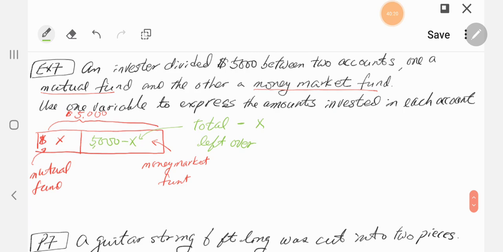The mutual fund has X dollars, and the money market has 5,000 minus X. You don't have to put the dollar sign, that's okay.